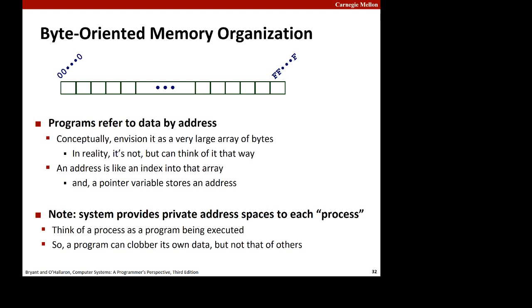So anyways, from a machine level programming view, we don't think about all that memory hierarchy. We just think of it in terms of virtual memory. So you can just think of it as a big array of bytes.